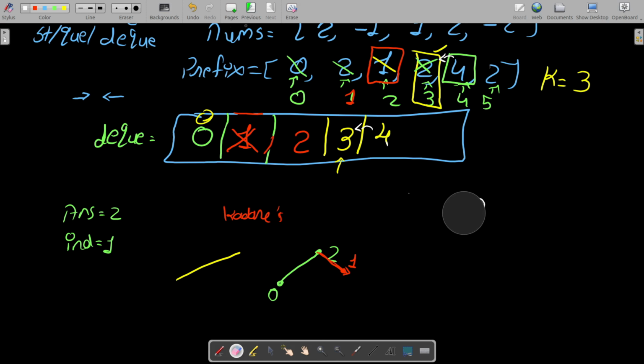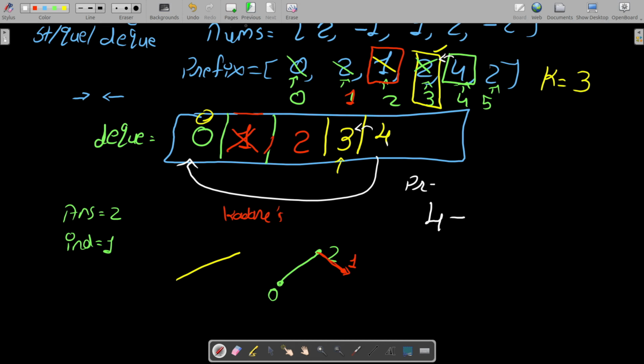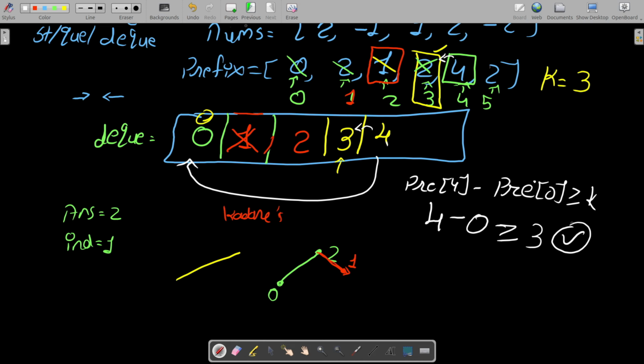Now after the insertion, we will check that prefix of 4 minus prefix of 0 is greater than or equal to k or not. So 4 minus 0 is greater than 3. Of course it is satisfying the condition. Then we would store it in our answer, taking the int max, and we got the length as 4.